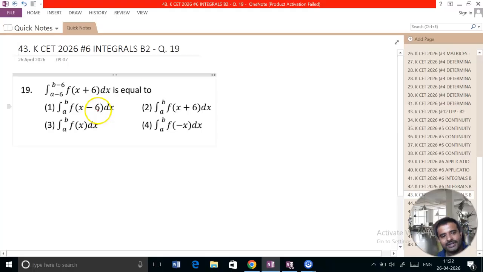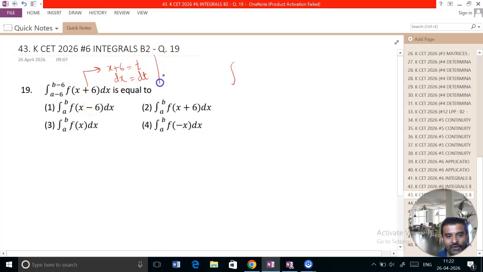When I look at the function, you should come to know we should apply the substitution method. We have the integral from a minus 6 to b minus 6 of f of x plus 6 with respect to x. So what is the substitution? We have to take x plus 6 is equal to t. When I differentiate, it becomes dx is equal to dt.